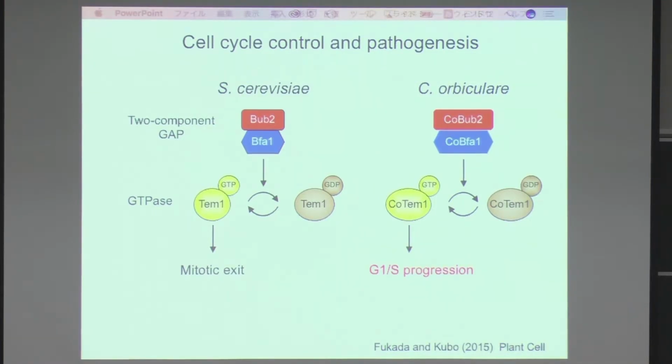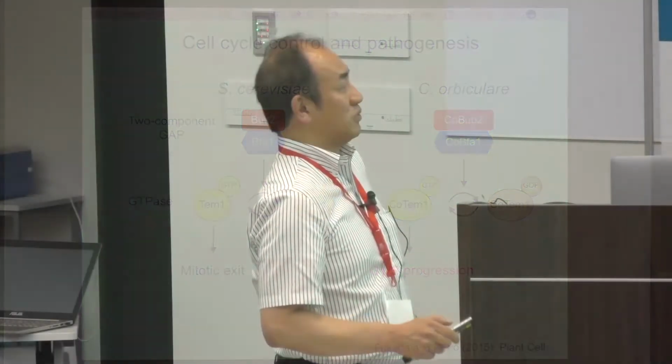The conserved two-component GTPase activating protein, GAP, which consists of BUB2 and BFA1, plays a role in mitotic exit in Saccharomyces cerevisiae, and plays a role in G1/S progression and pathogenesis in Colletotrichum orbiculare.